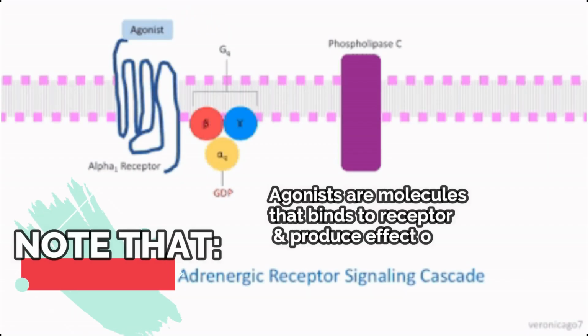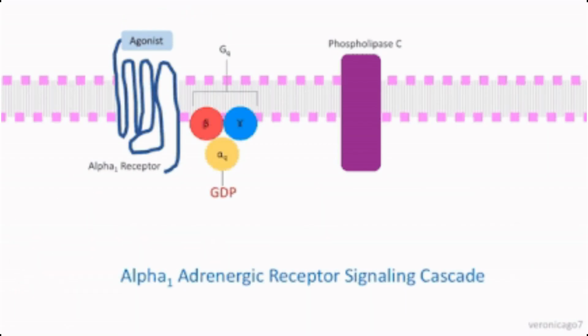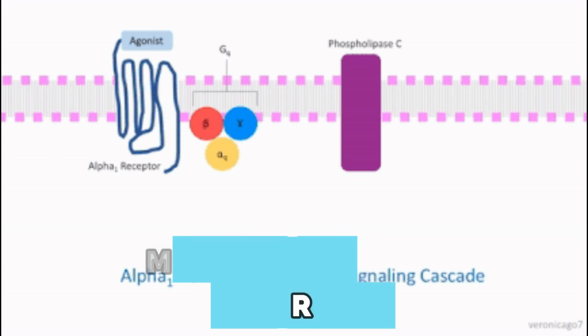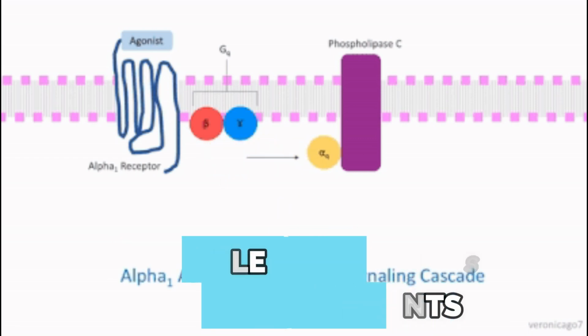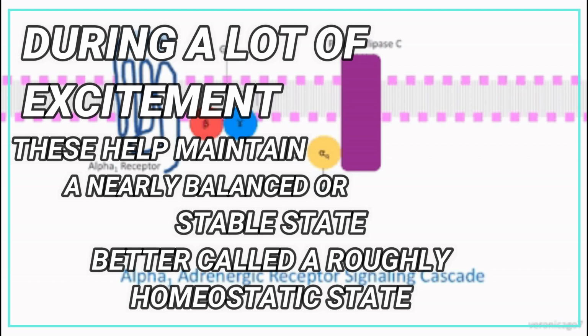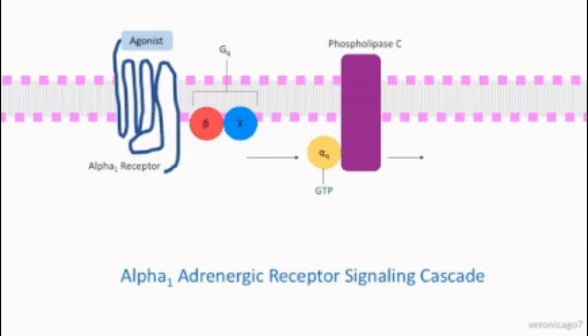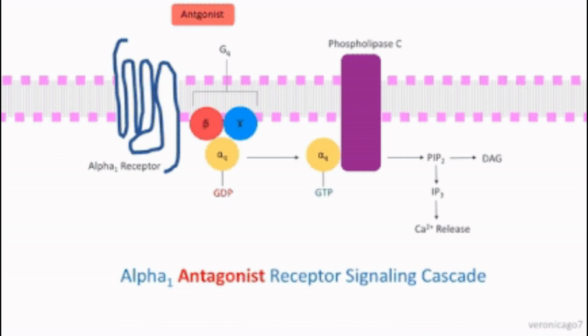Now, beta-adrenergic agonists can also be very well known as muscle relaxants. Now, these are very important to your body because sometimes when excitement is extreme, these help maintain a nearly homeostatic state sometimes, although not all the time and not in everyone.